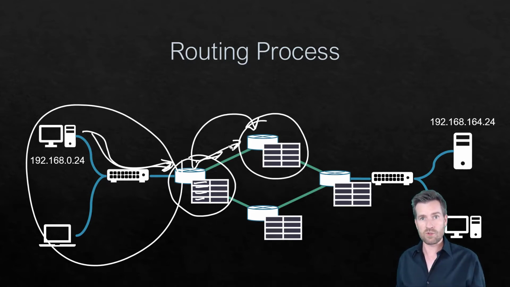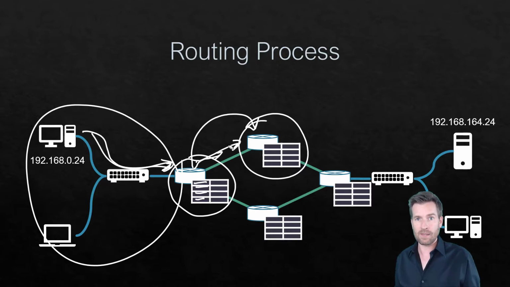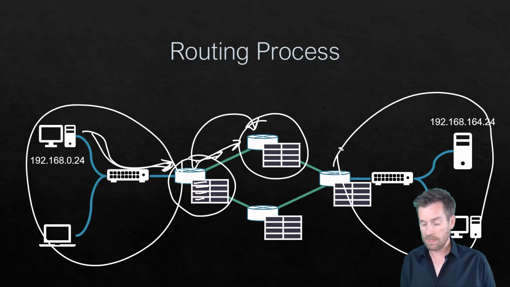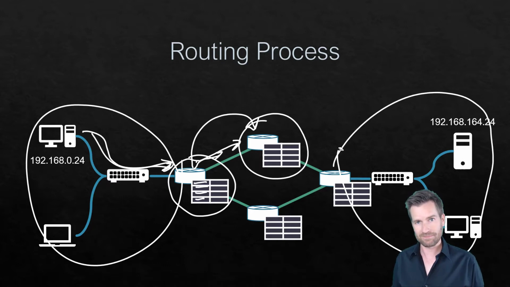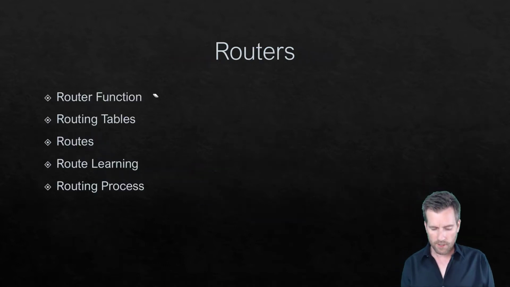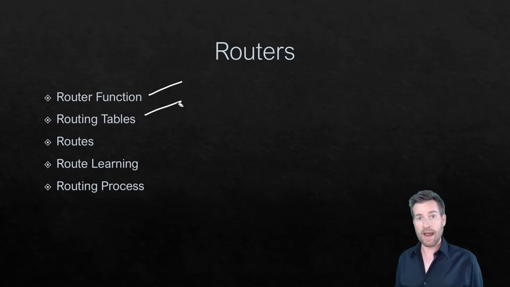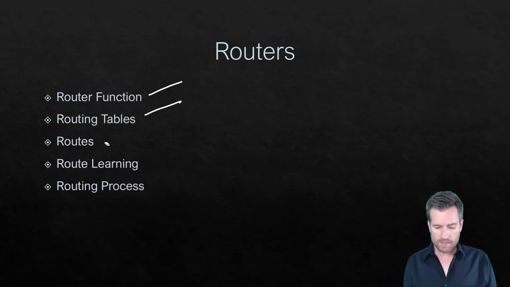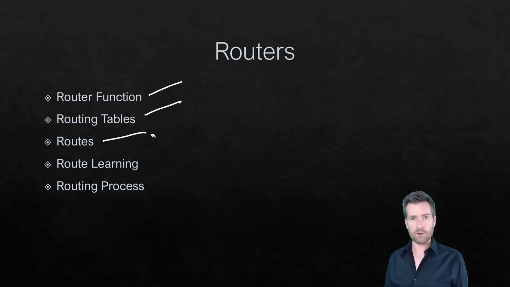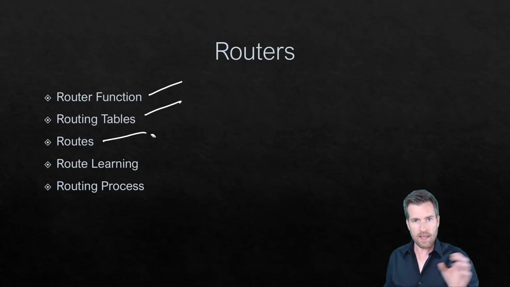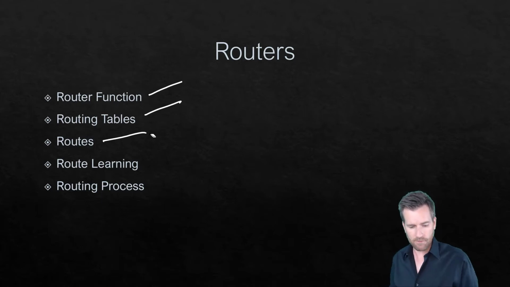That's what routers do to process the packets that are coming into them, so that they can send them on to the next hop to get them pushed along their way, and finally, at some point in time, getting to the final destination. So in here, when we were talking about routers, we talked about the router's function. We talked about the routing table and how the routing table is set up. We talked about how routing tables have routes on them, and the routes have a network and the next hop for that network.